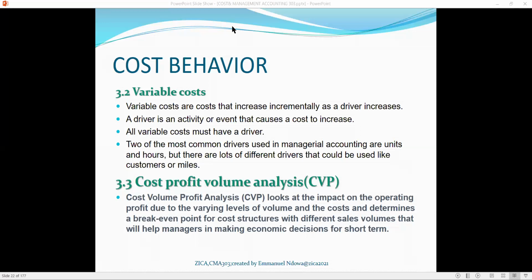But when it comes to variable costs, you gave an example of overheads, and you're saying that as the production increases, so do your overheads.